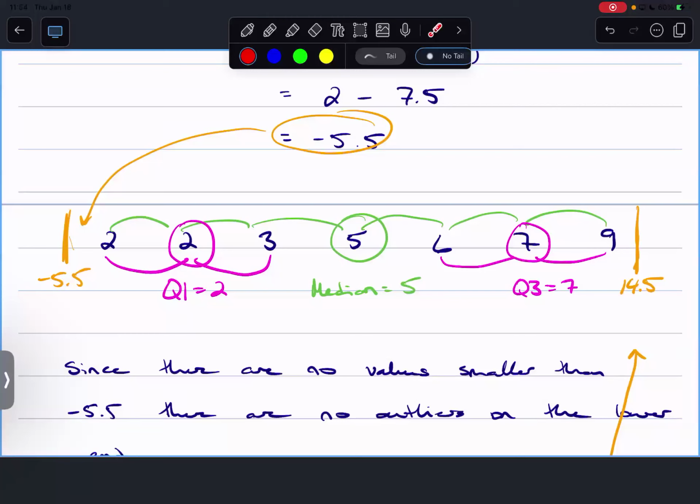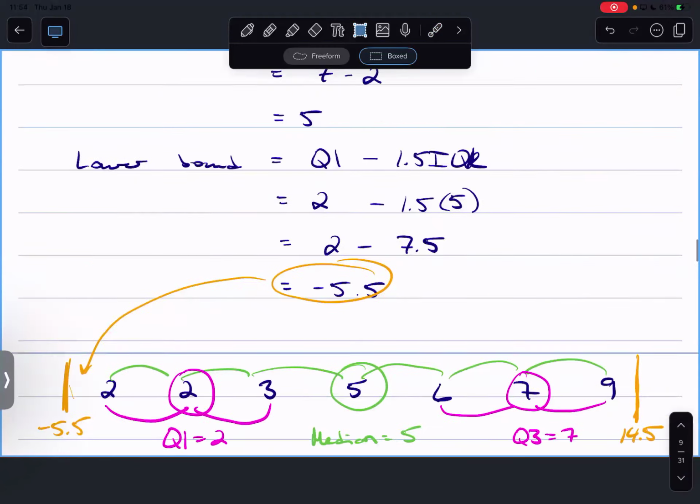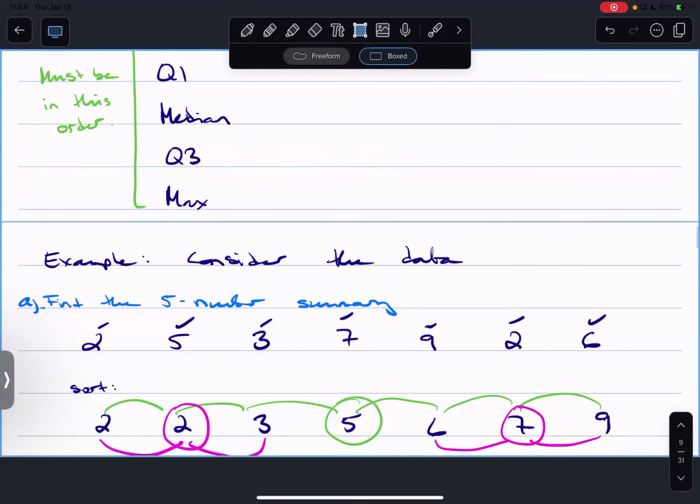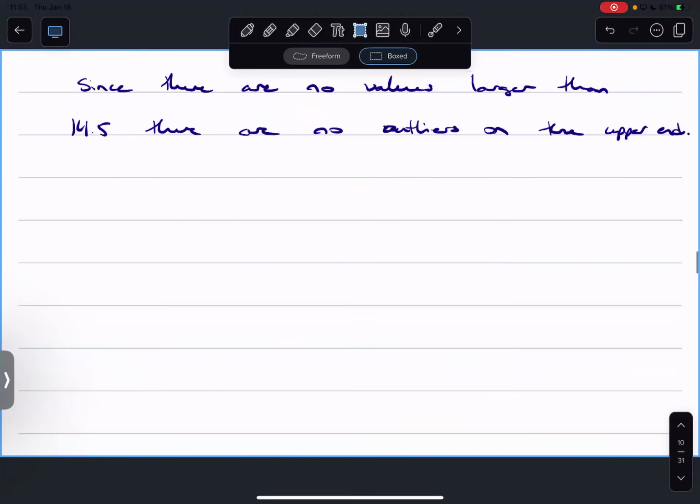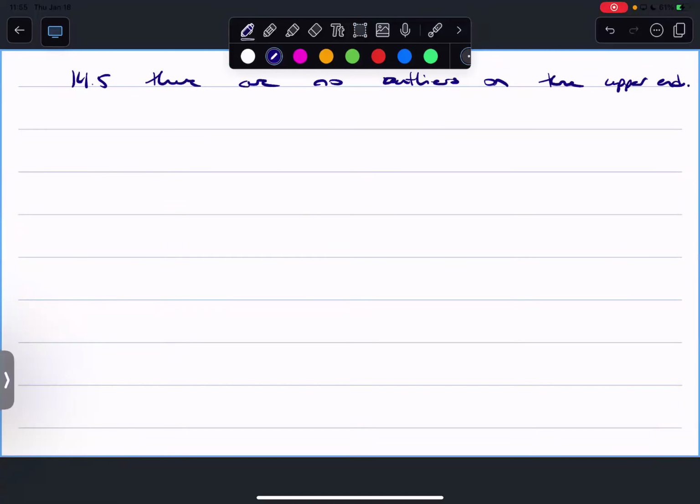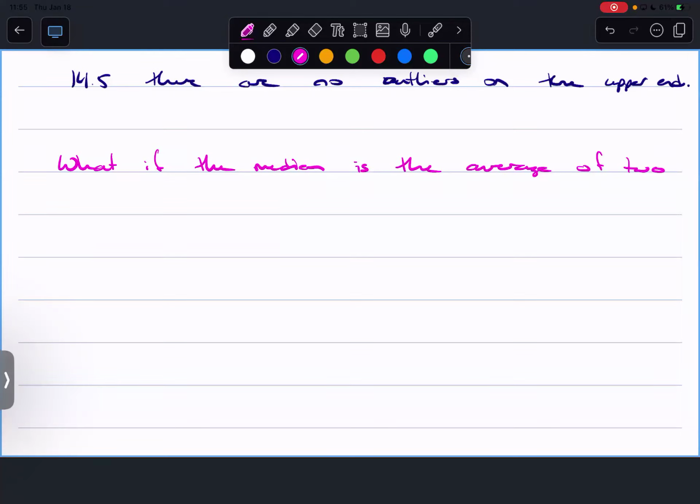And that dictates how I'm going to find the quartiles. What if the median was the average of two values?